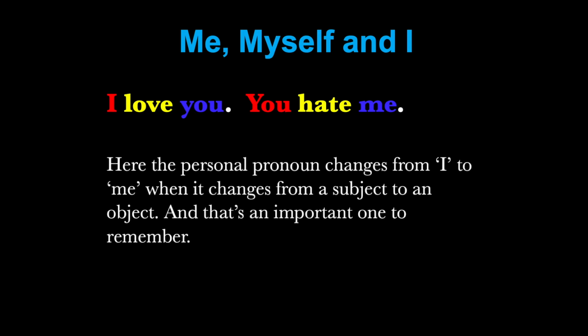The word you acts as an object in the first sentence and as a subject in the second. But where did that me come from? We don't say you hate I. Here, the personal pronoun changes from I to me when it changes from a subject to an object. And that's an important one to remember.